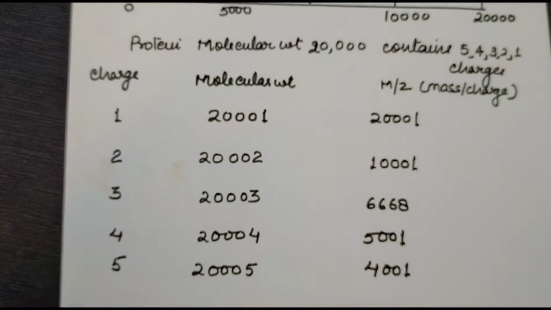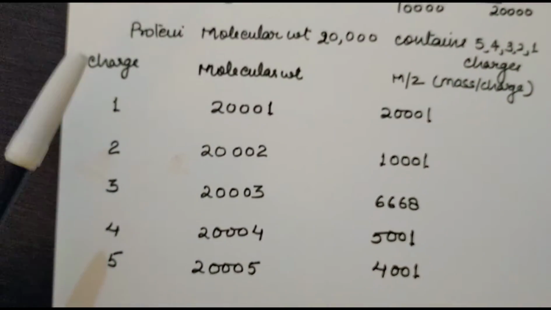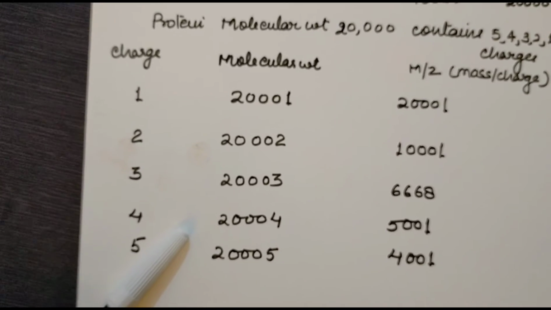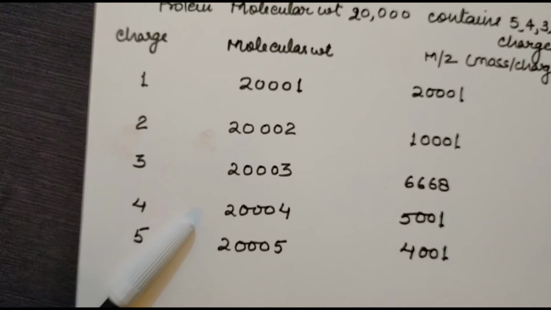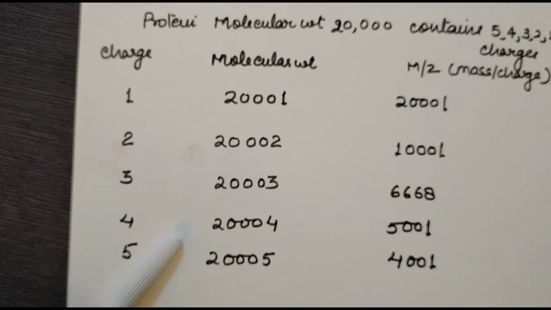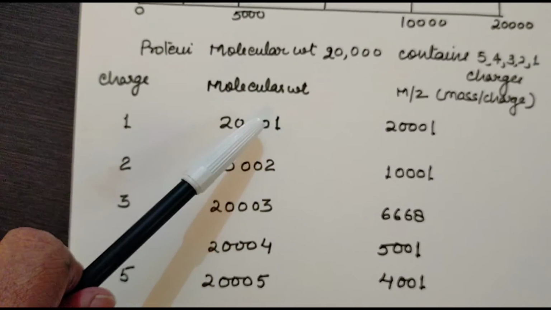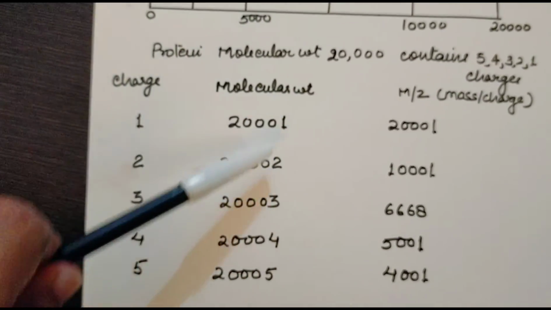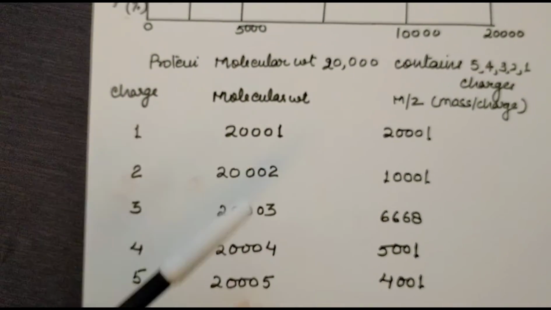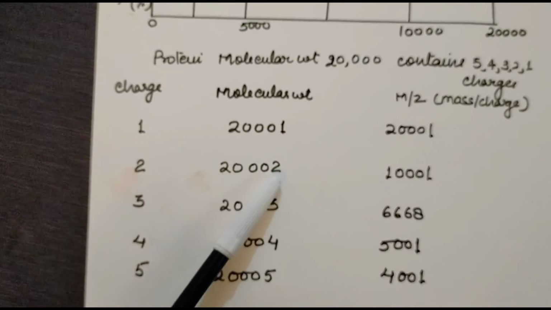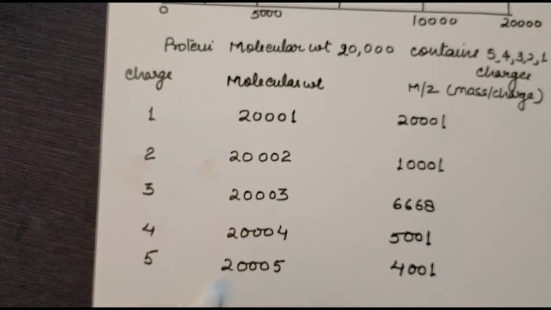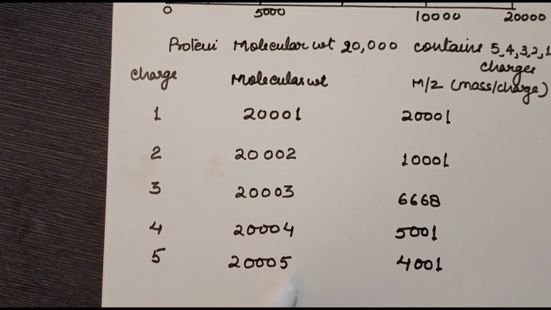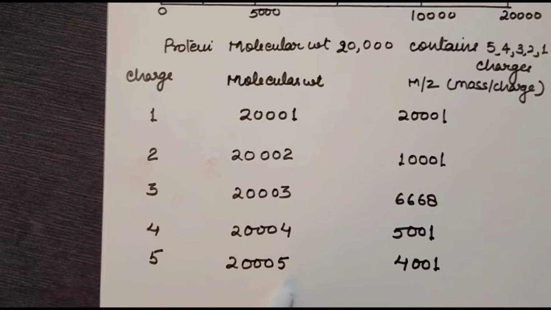So you can see that any technique which separates these forms of protein by weight will not be able to detect all 5 forms as separate proteins. Why? Because the difference in molecular weight is only 1, 2, 3, 4 and 5: 20,001, 20,002, 20,003, 20,004, 20,005. Any such technique will detect them all as the same, 20,000, because there is not much difference.